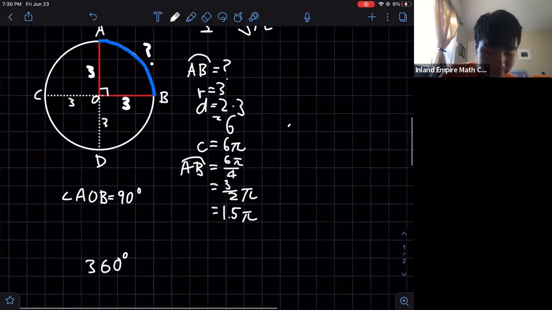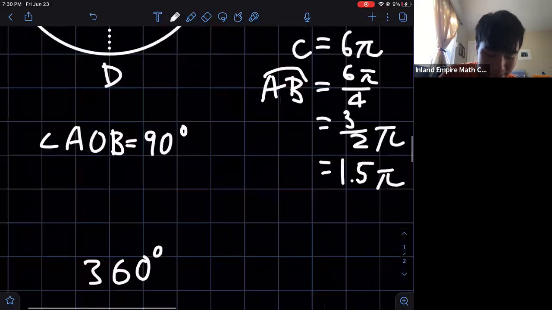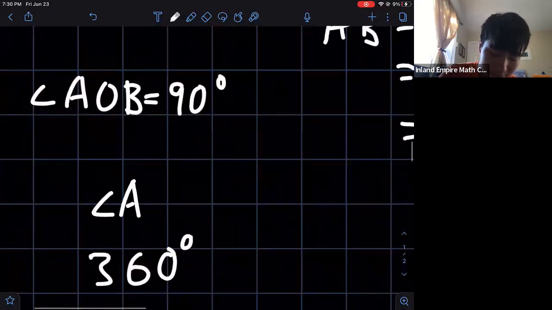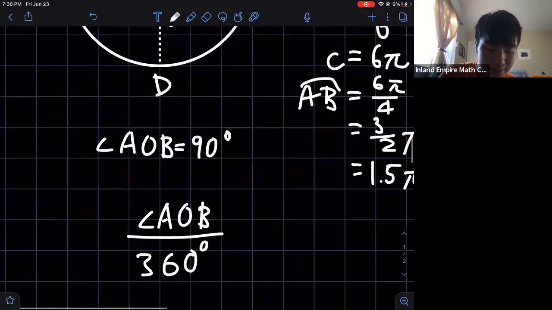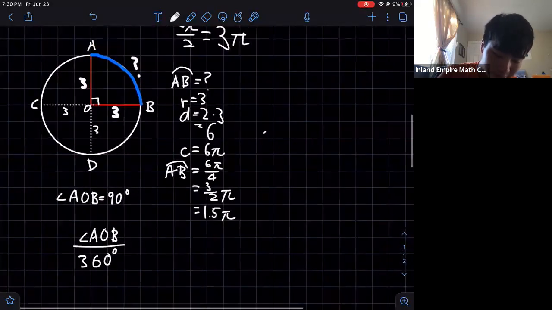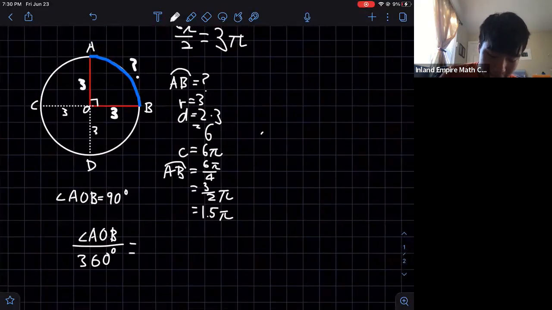And so the ratio between AOB and 360 degrees is going to be the same as the ratio between arc length AB and the circumference, which we'll just write as C.